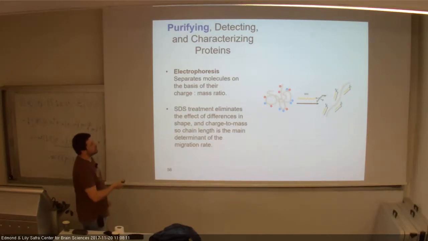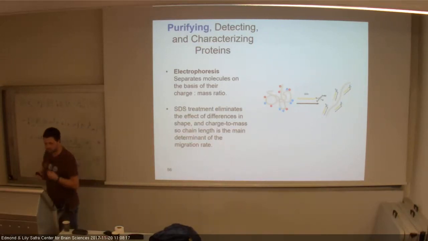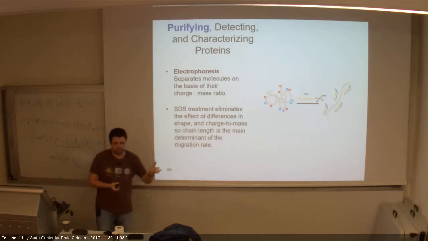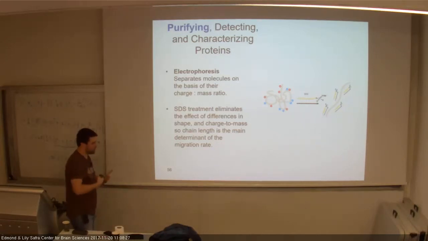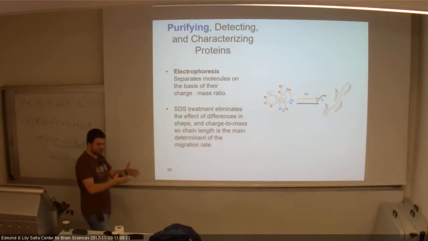And they don't only denature it, they also cover it with a negative charge. And this negative charge makes sure that we have a constant charge to mass ratio. So if we take all our proteins and pass them through a homogeneous, constant electric field, and we don't put any resistance to them, they will all travel at the same speed.